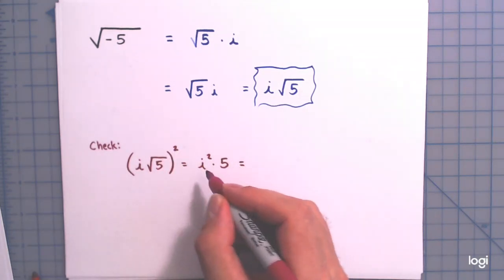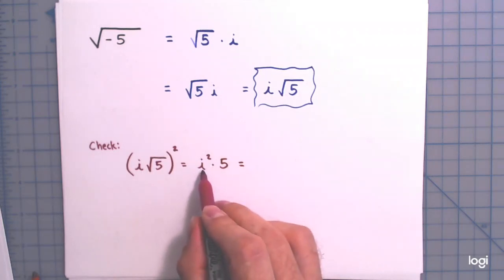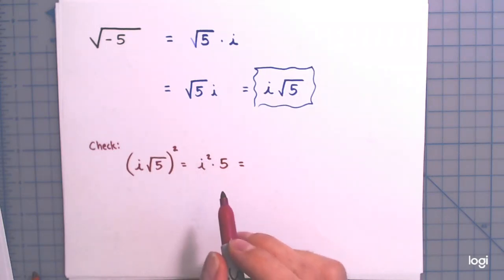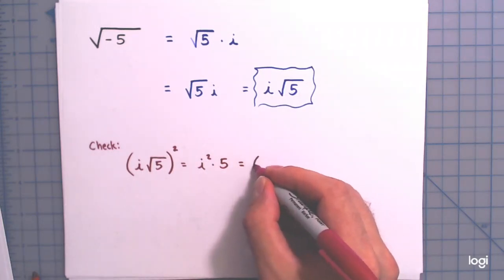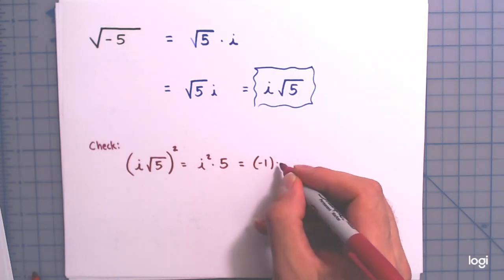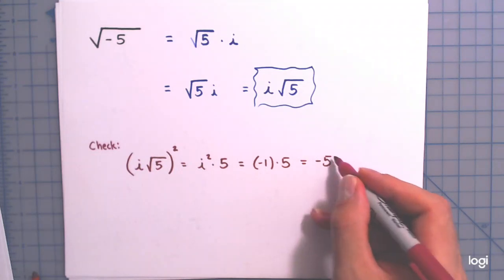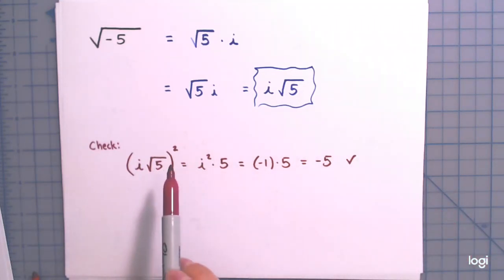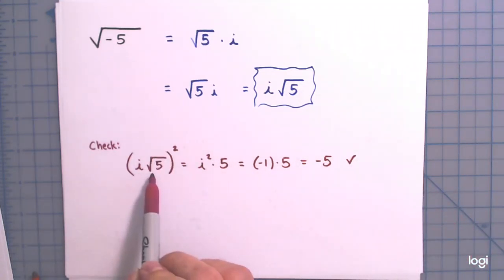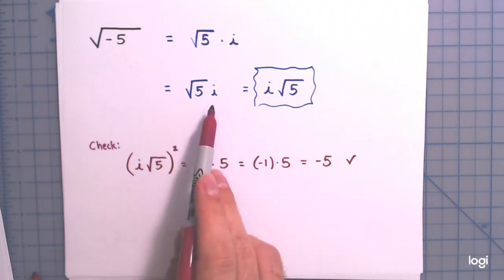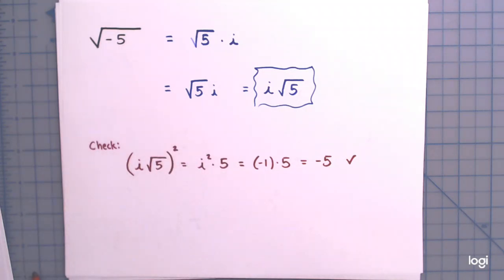And then i squared, remember i is that number that when squared is -1. It's the principal square root of -1. So then I have -1 times 5, which is indeed -5. So yes, i times the square root of 5, or the square root of 5 times i, is the principal square root of -5. Great.